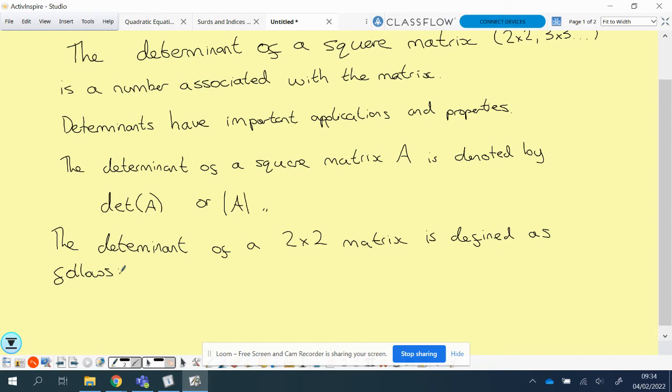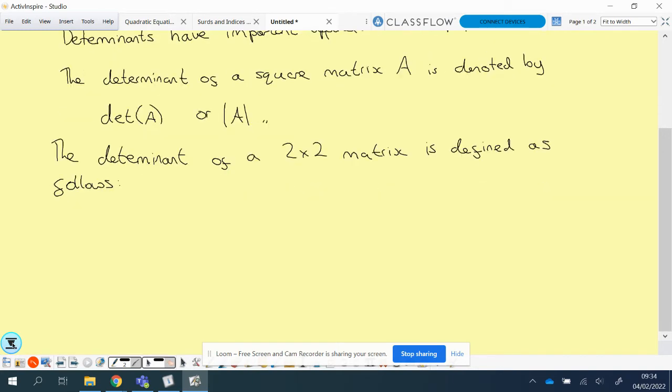If I've got a 2 by 2 matrix, we've got 4 entries, A, B, C and D. The determinant of a matrix like this: you multiply A with D, so top left with bottom right, and you subtract the product of B and C, top right multiplied by bottom left.